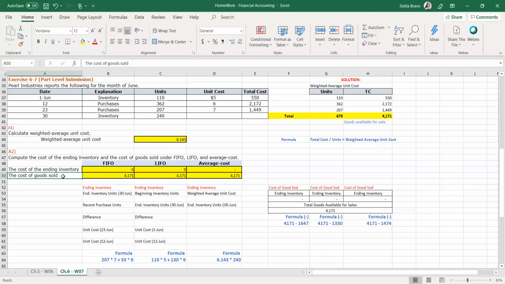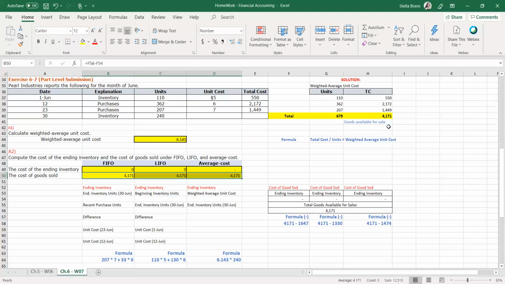For part 2, the last part of this exercise, we need to find the ending inventory and the cost of goods sold for the FIFO account, LIFO account, and average cost. I already have this number here, but that is not the correct answer because this number, if you see, is our goods available for sale.